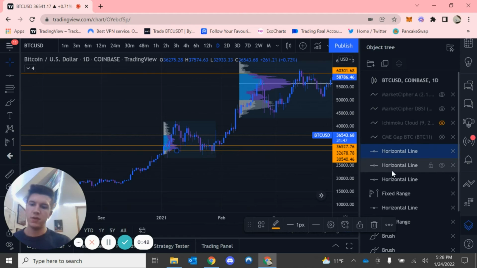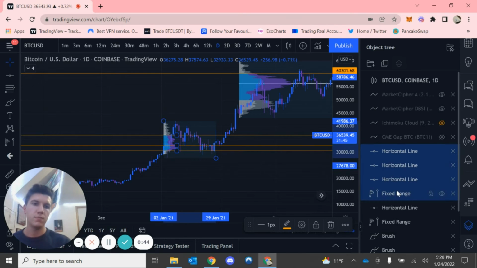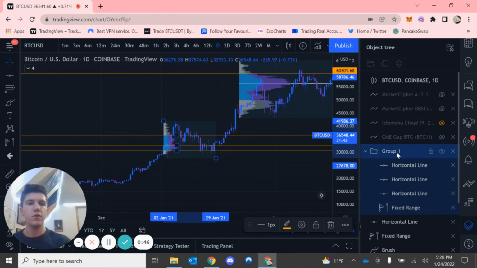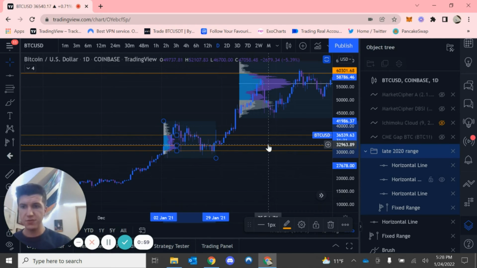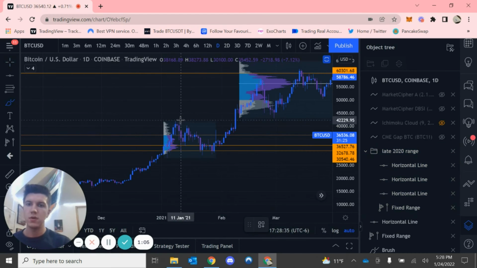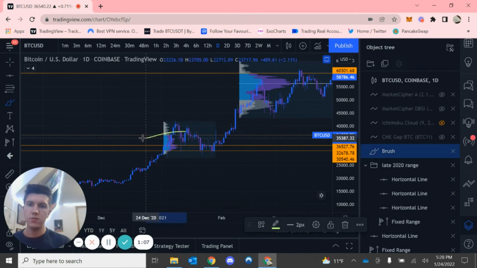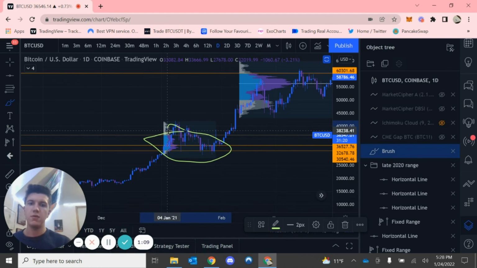With this, I like to add these into a folder, and in this case I will name it late 2020 range, and this can be something that I still use to trade current price action if price tends to come into this area.